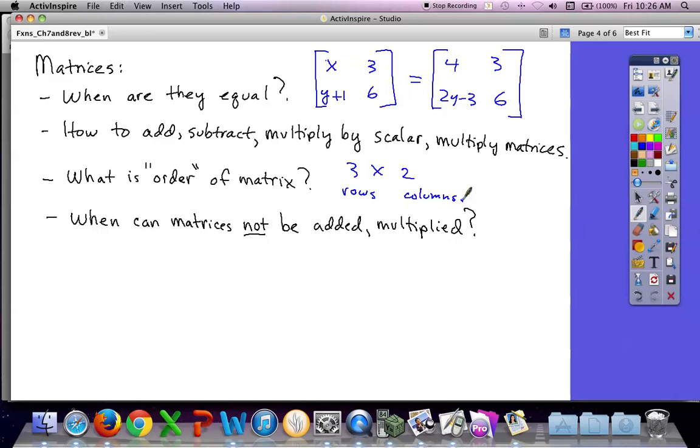You can add a 3 by 2 to a 3 by 2, but you can't add a 3 by 2 to a 2 by 3 because they don't have all corresponding entries to add, right? So in order to add, orders must be the same. If they're not the same, if you put them in the calculator and try to do that addition, it's going to give you an error. I think it'll say mismatch error.